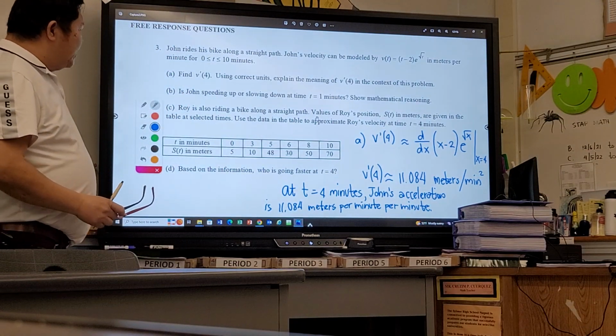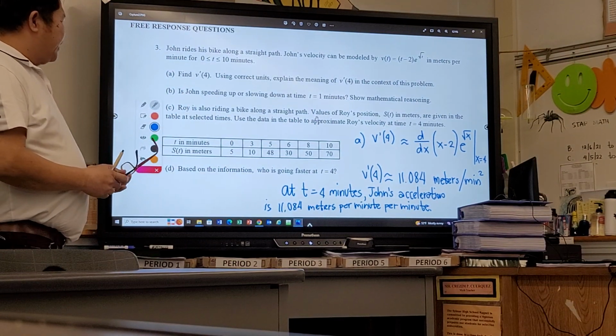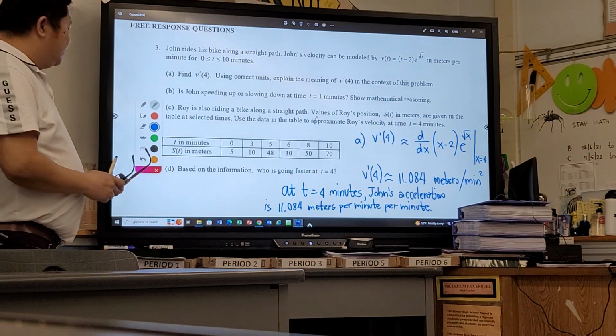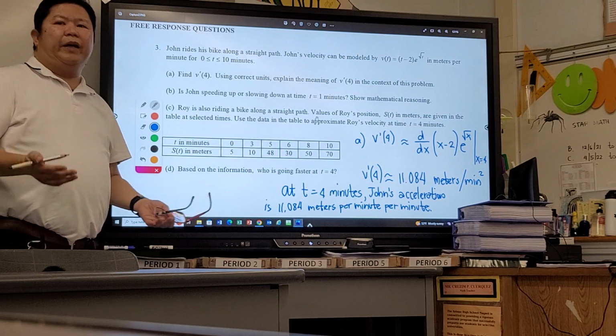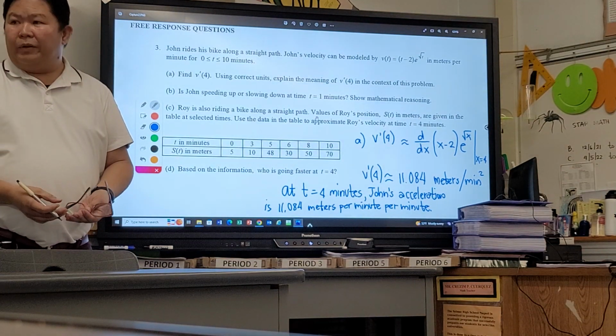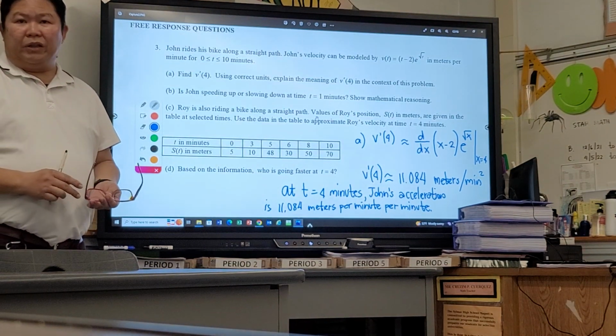So at t equals 4 minutes, John's acceleration is 11.084 meters per minute, or we say per minute squared, because it's already an acceleration.